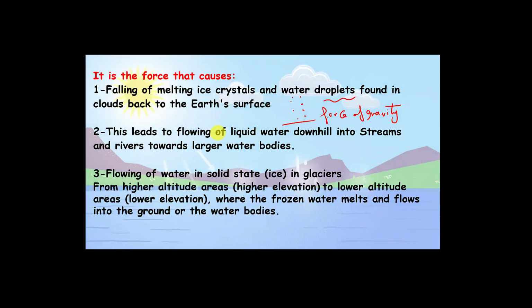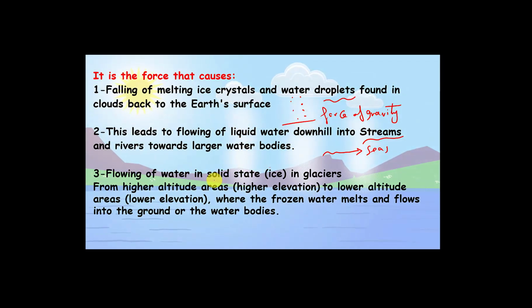This leads to the flowing of liquid water downhill into streams and rivers towards large water bodies. It means water moves into seas and oceans, which are large water bodies, from lakes and ponds.